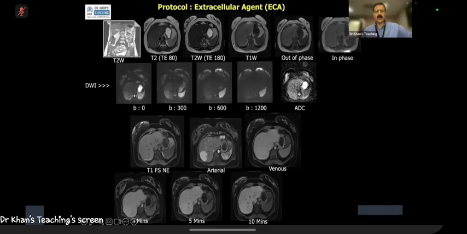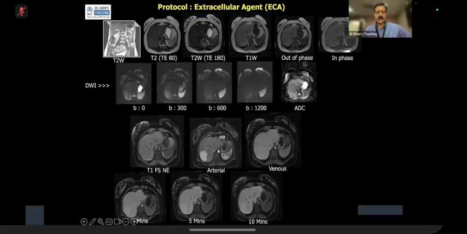We do a highly T2-weighted sequence and an opposed phase to look for fat, and the candidate did very well, picking up fatty change in this case. Then we do diffusion-weighted sequences, using various B values. Look at the highest B value. This is the ADC, which is too grainy, so usually we just eyeball it on diffusion.